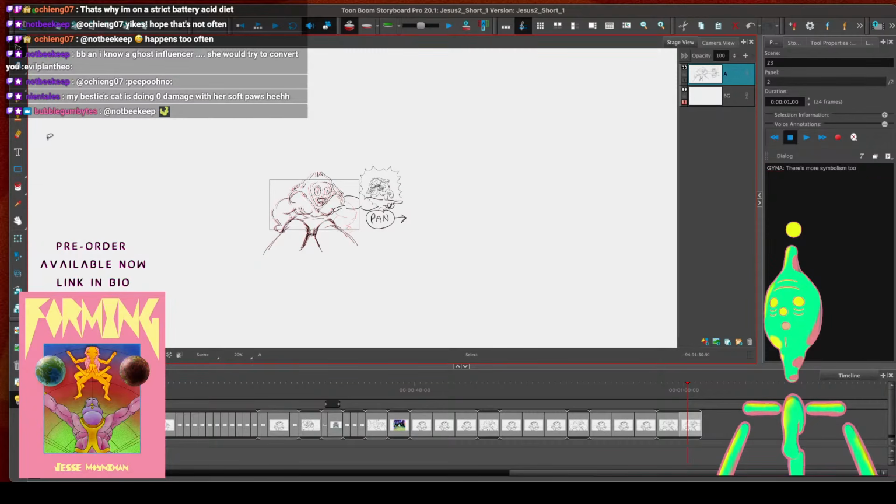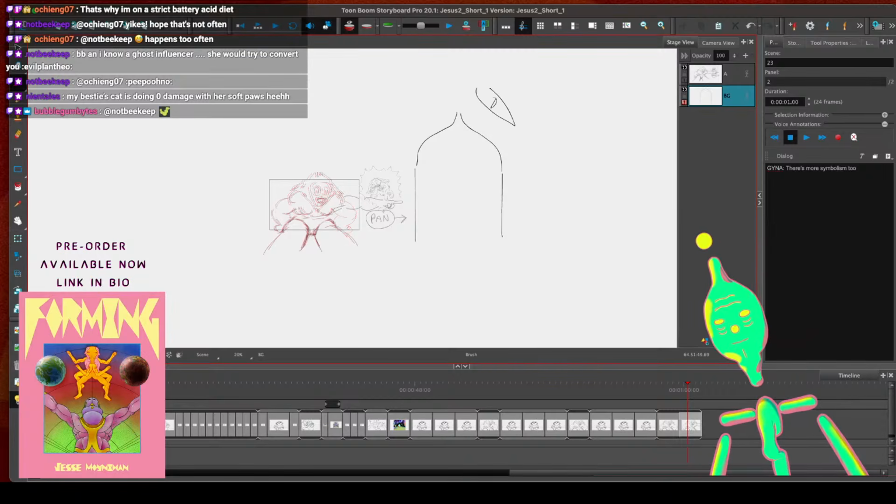And then the background would be like here. And then I'm going to draw this, let's see. So this is the eyes. Hopefully this works with the 3D staging.